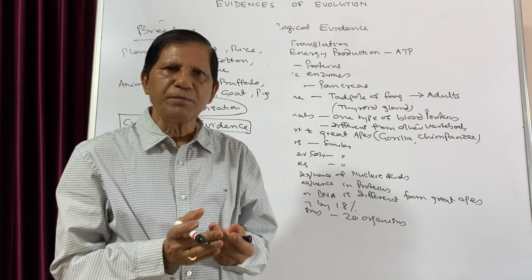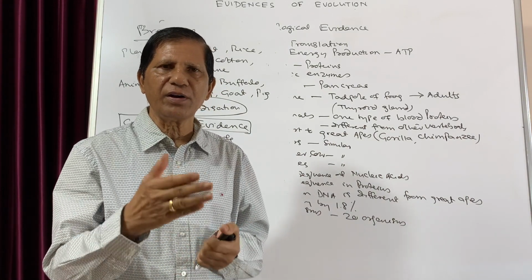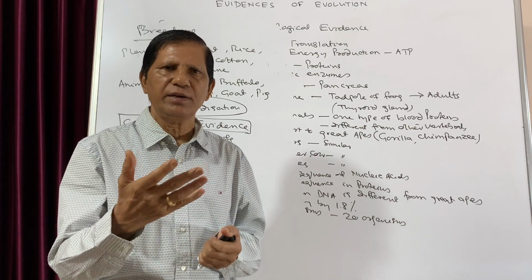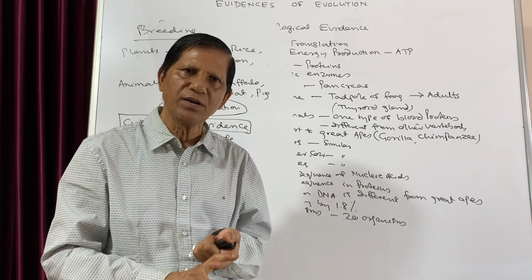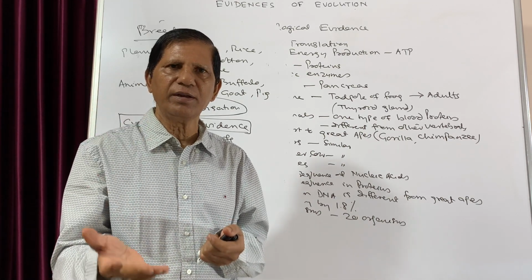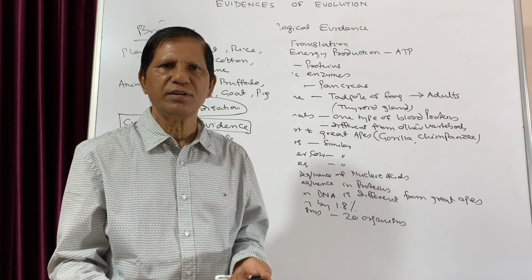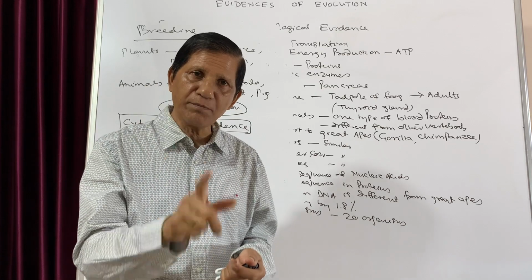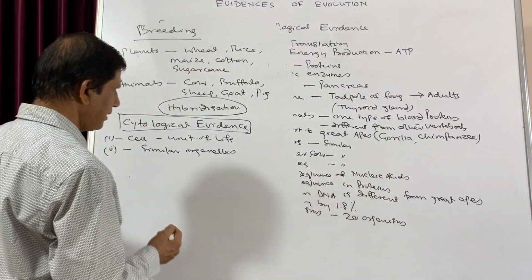Whatever may be the type of the cell, you will get different organelles: mitochondria, ribosomes, Golgi bodies, endoplasmic reticulum, and each organelle has the same function wherever it may be present, whether in human beings, apes, monkeys, cows, or even in plants. It has the same function, whatever the type of organism. So this also again provides evidence.